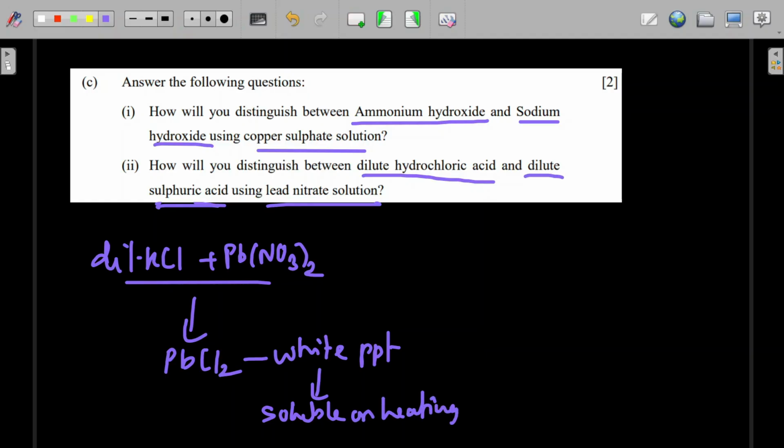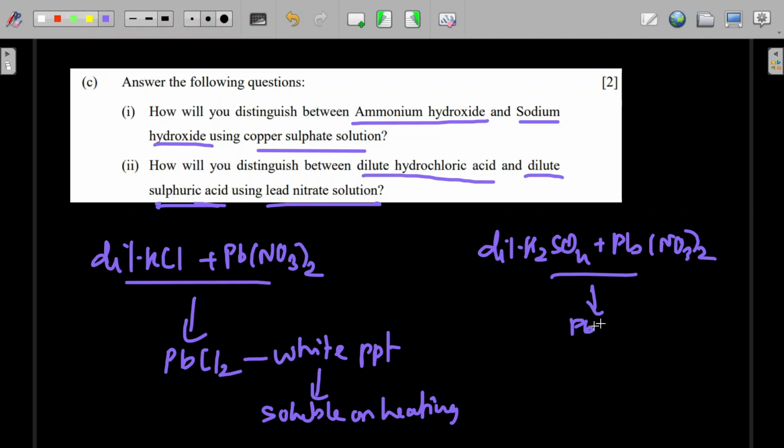Okay. Same thing for dilute sulfuric acid. When you add it to lead nitrate, you will get a white precipitate of lead sulfate, which is insoluble on heating. Okay. So this is how you will solve such kind of questions.